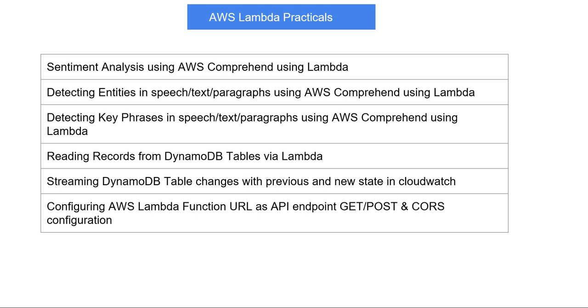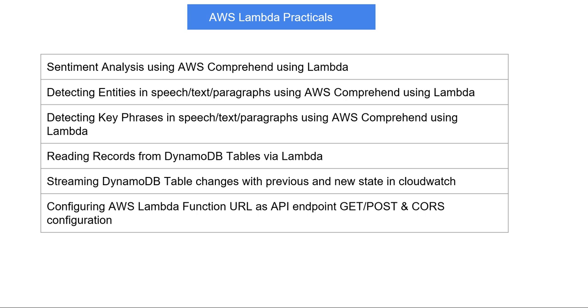And the next one is configuring an AWS Lambda function URL as an API endpoint, with GET, POST, and CORS configuration. We can execute the Lambda function with a URL also. For a Lambda function, we can configure a function URL that will give a web URL. We can copy that URL, hit it in the browser, and that will be executed. We can configure the URL in this way so that it works as an API.